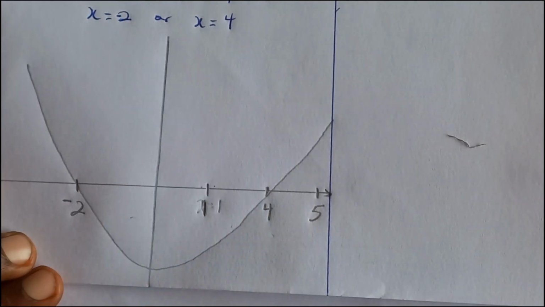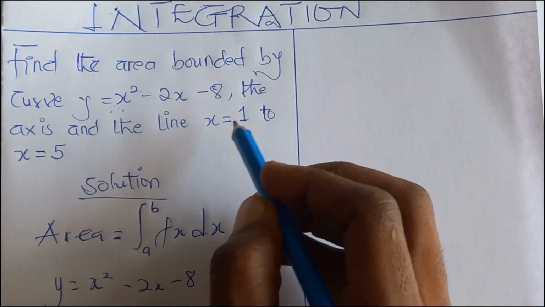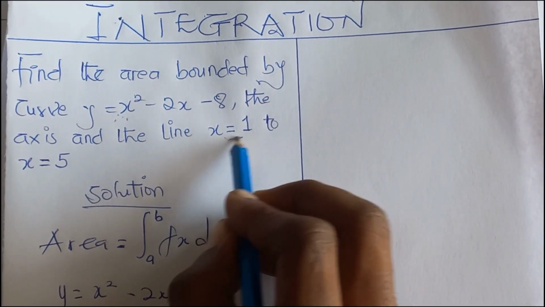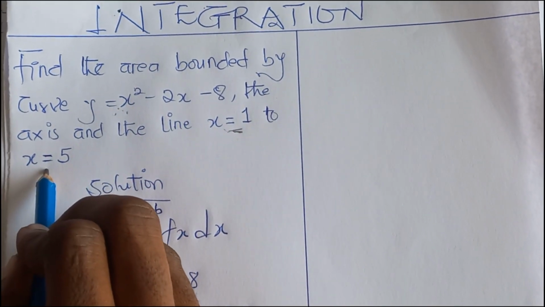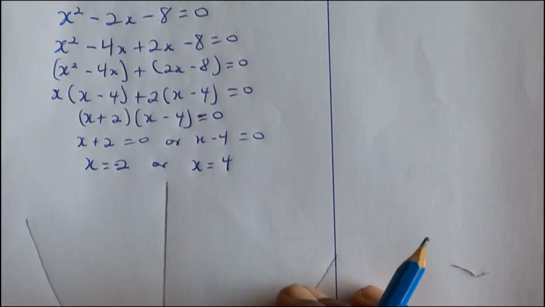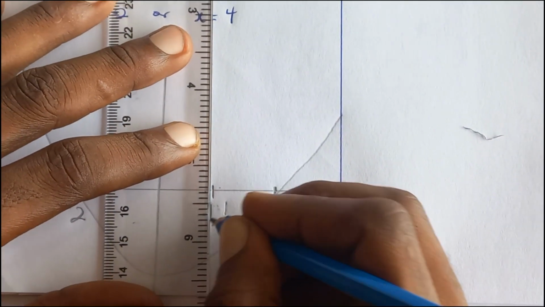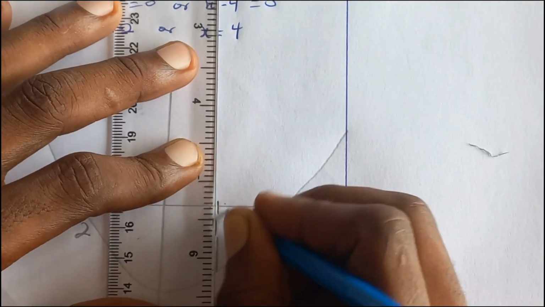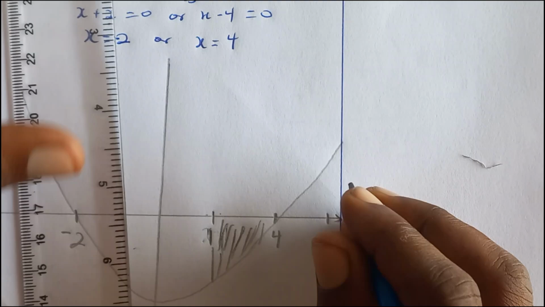Good. So in the question, we are asked to calculate the area under the curve from 1 to 5. So we need to start from 1, which is this place, along this curve, to 5.